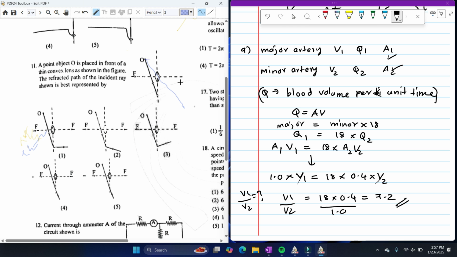From there we can extend this line. This gets connected like this.